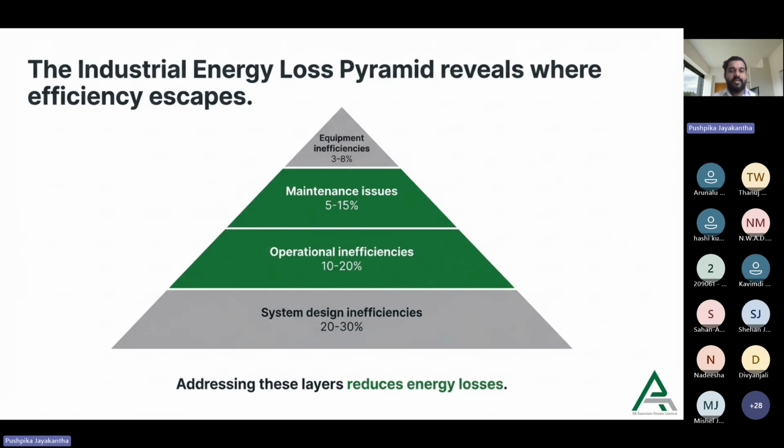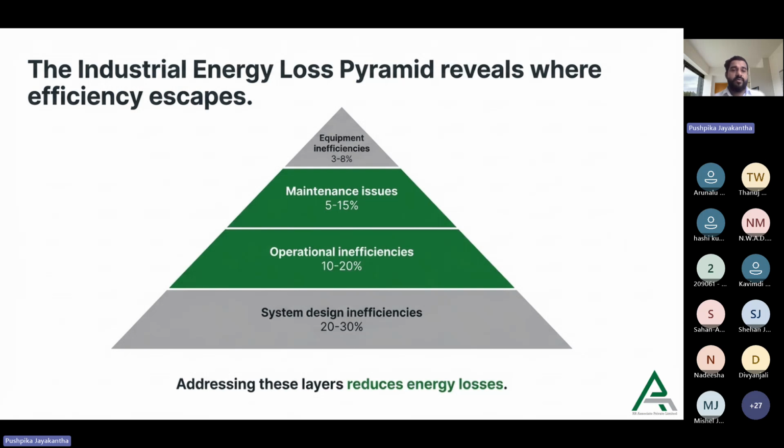And then operational inefficiencies. Operational inefficiencies arise from how the equipment and systems are operated on a daily basis. Even a well-designed system can consume excessive energy if it is not operated properly. For example, we discussed equipment running during idle periods, operating compressors at unnecessarily high pressures, and incorrect temperature settings.